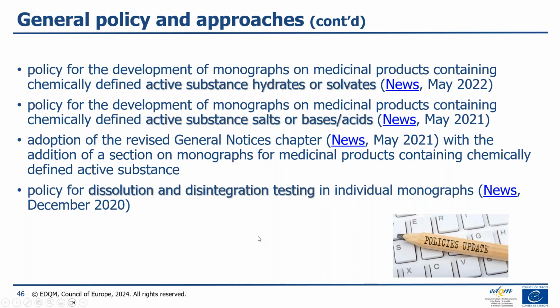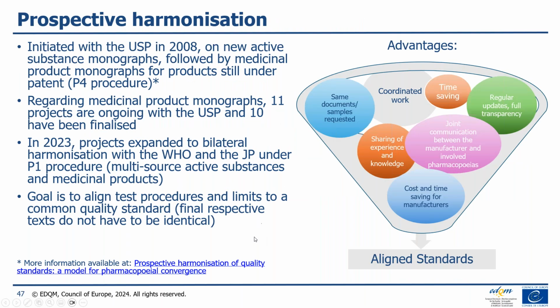Important to note is also that we are engaged in prospective harmonization with the other pharmacopoeias. This is out of scope of the official harmonization that is happening in the PDG, the Pharmacopoeial Discussion Group.